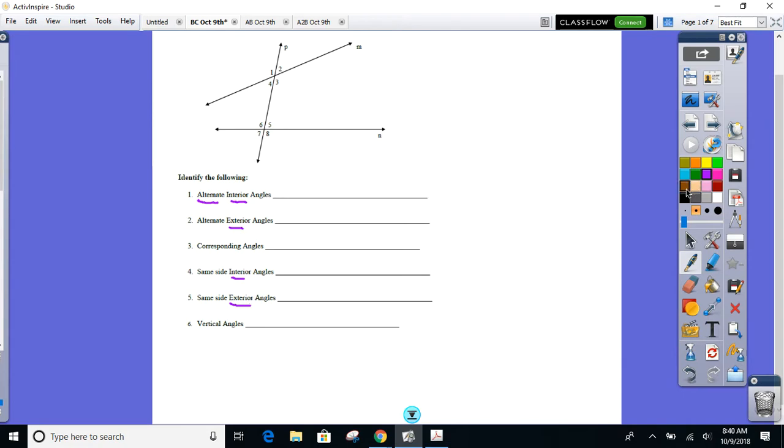So what I want to do with you right now is, hey, over the weekend, not a true story one bit, I redid the interior of my house. What's that tell you? I worked on all the inside, right? So anytime I refer to interior, some type of interior angles, it has to be inside the lines.